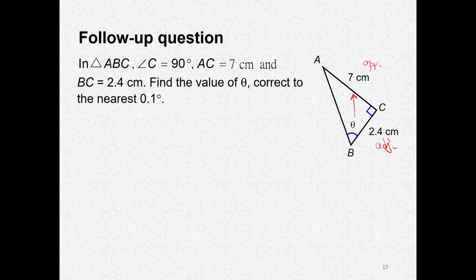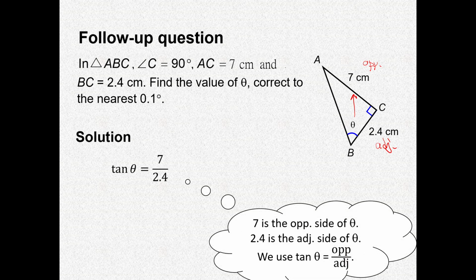So now, how can we relate theta, the opposite side, and the adjacent side? Which trigonometric ratio should we use? Sine, cosine, or tangent? In this case, tangent. We can set up the equation using the tangent because tangent equals opposite side over adjacent side, right? So by using our calculator, theta will be 71.1 degrees.